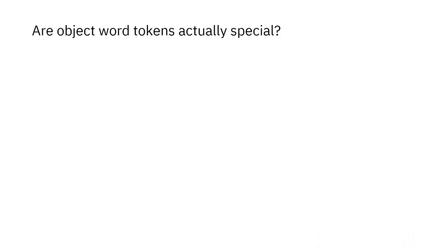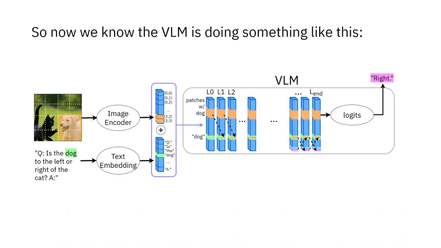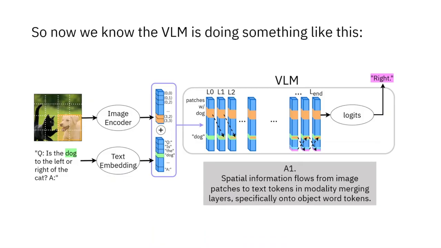We also want to check if object word tokens are actually special. Here we see that the result of mirror swapping on object word tokens compared against random tokens are clearly more consequential. So now we know that in VLMs, spatial information flows from image patches to text tokens in modality merging layers, specifically onto object word tokens.